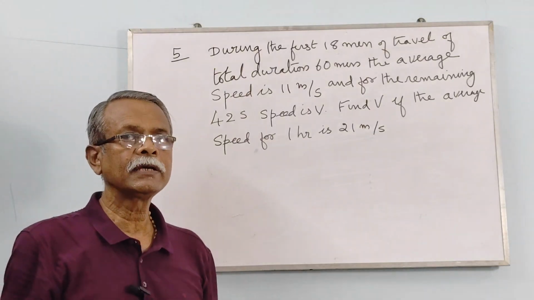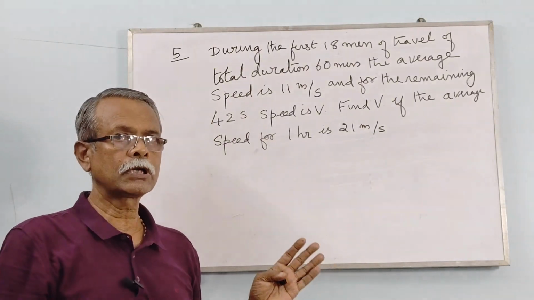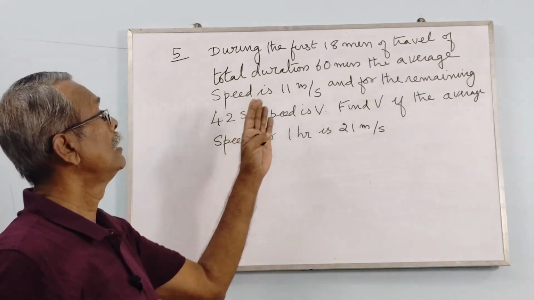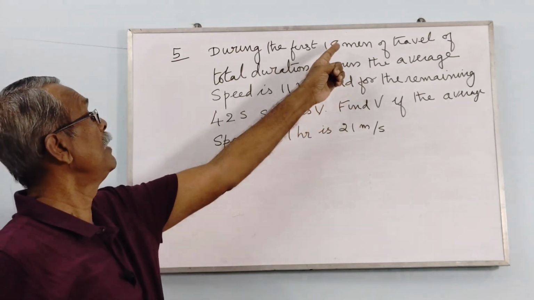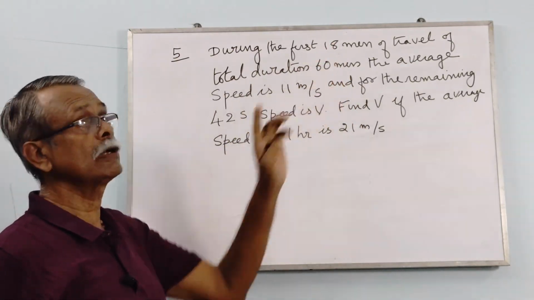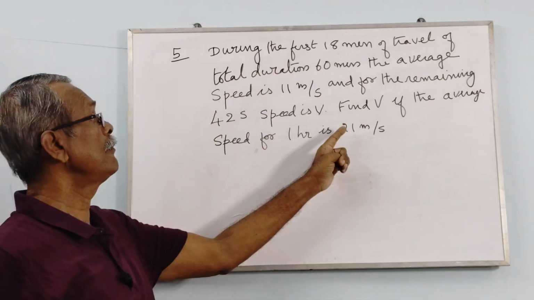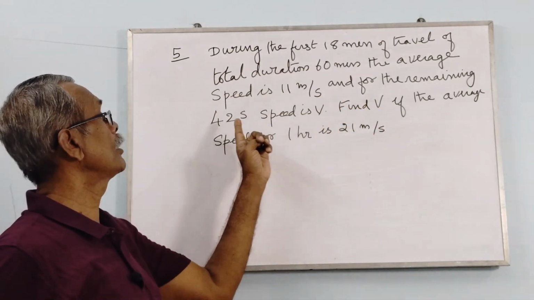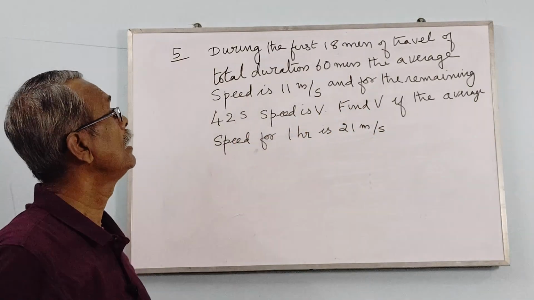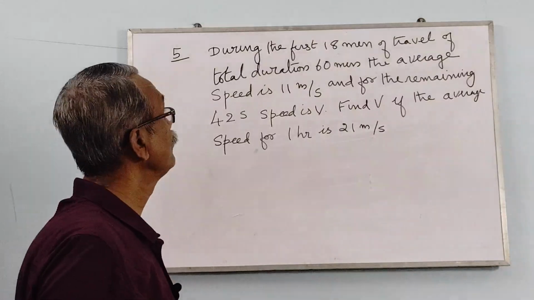So we are given that the total travel distance: 18 minutes at 11 meter per second, then 42 minutes with V meter per second.